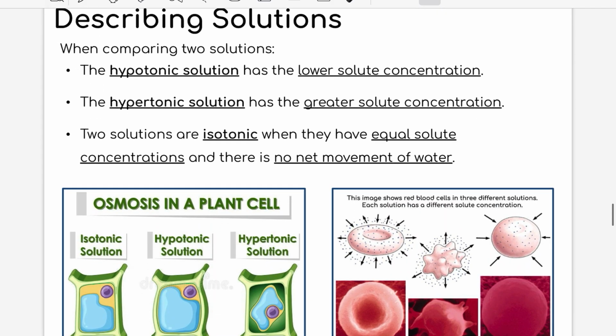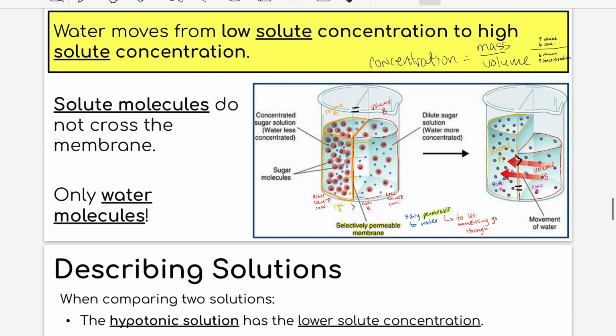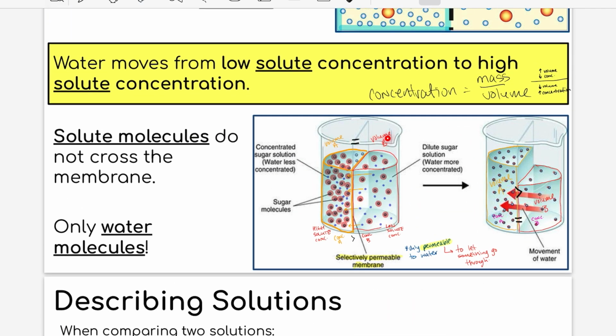Okay. So now we also need to be able to describe solutions. When you're explaining osmosis, we are always comparing two solutions. We're usually comparing the inside of the cell to the outside of the cell, or the cytoplasm relative to the extracellular environment, or you're comparing two sides, A to B, on two sides of a membrane.